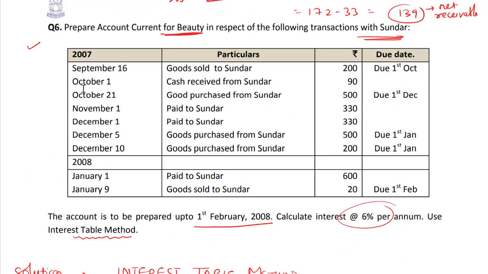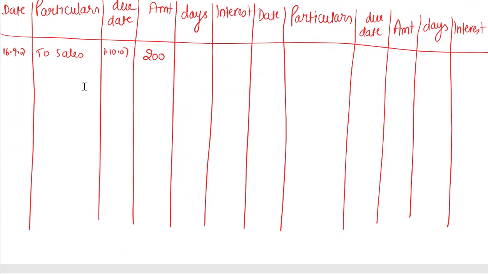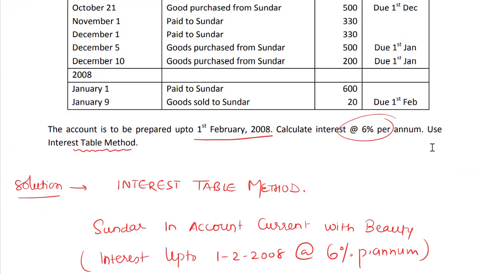Next transaction, 1st October, cash received from Sundar 90. Cash received, so by cash, 1st October 07. Due date is 1/10/07 and amount is 90.